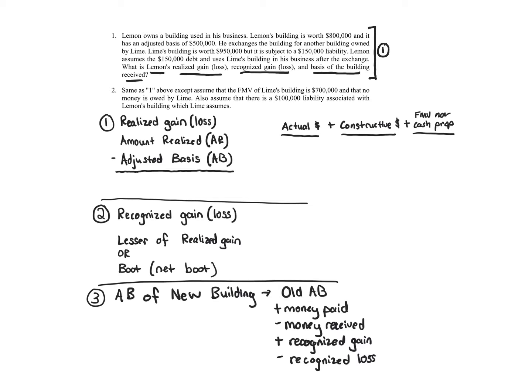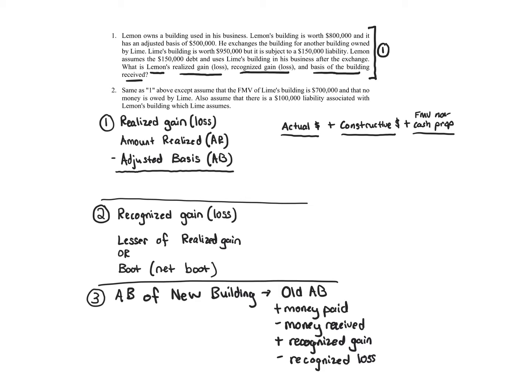We start off with amount realized. Remember, amount realized is actual cash received plus constructive cash received plus the fair market value of non-cash property received minus selling expenses. You'll note I don't have selling expenses on here, and that's because in the non-recognition problem sets for like-kind exchanges and involuntary conversions, we don't have selling expenses, so we're just going to ignore that. But obviously in practice, if you have selling expenses, you subtract them from your amount realized.